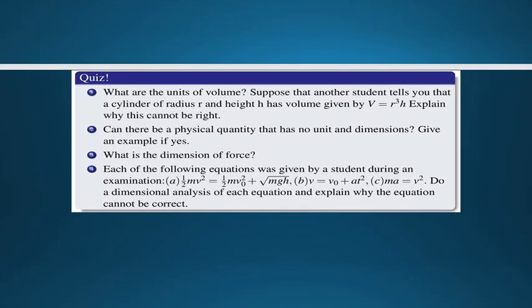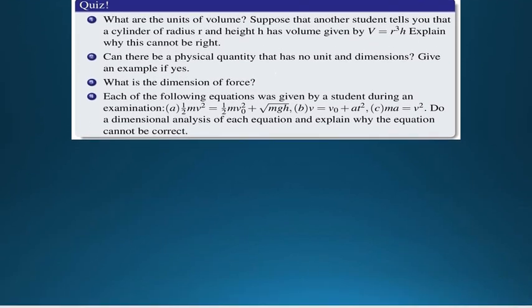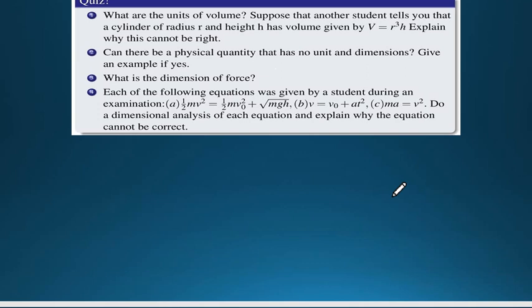So this question I took directly from your lecture slide. The question reads, what are the units of volume? This is our first question. The units of volume, let me write it here.